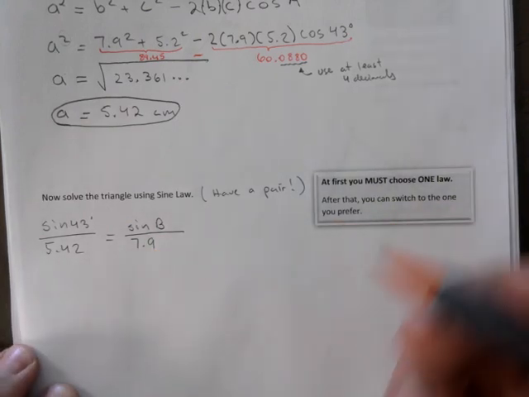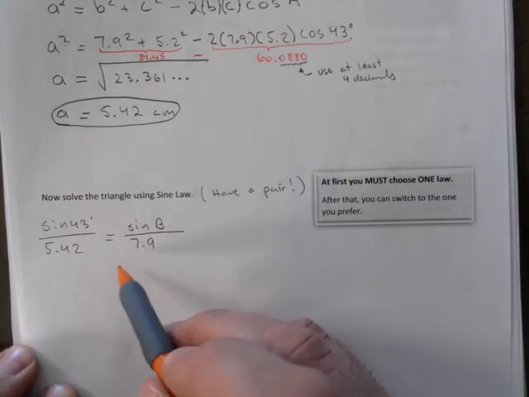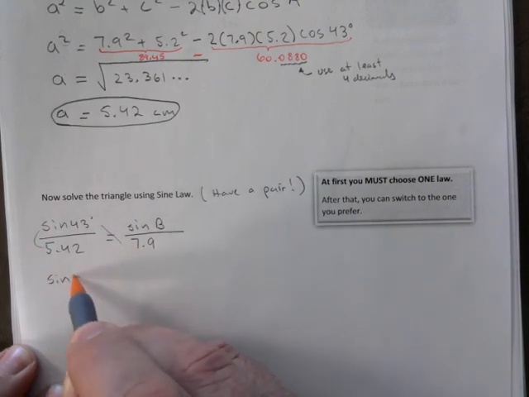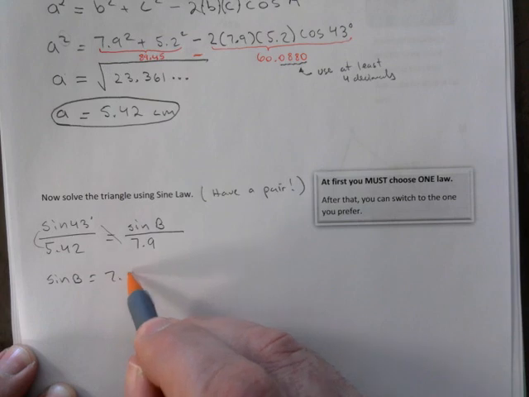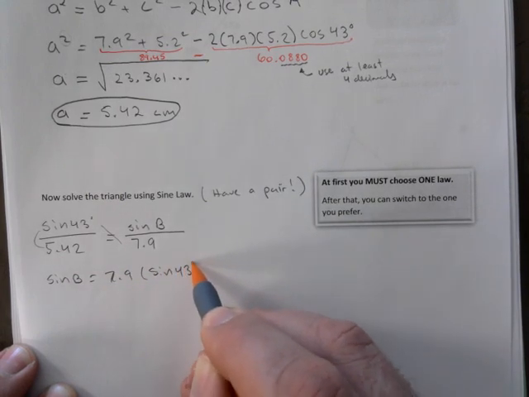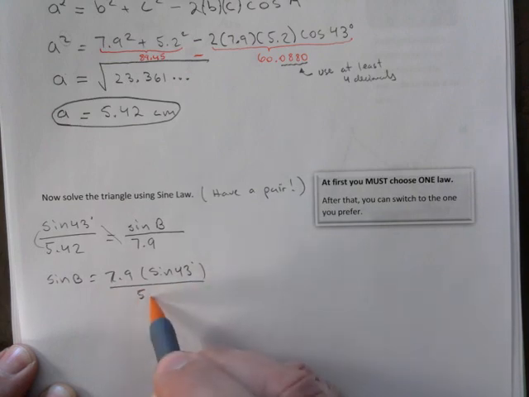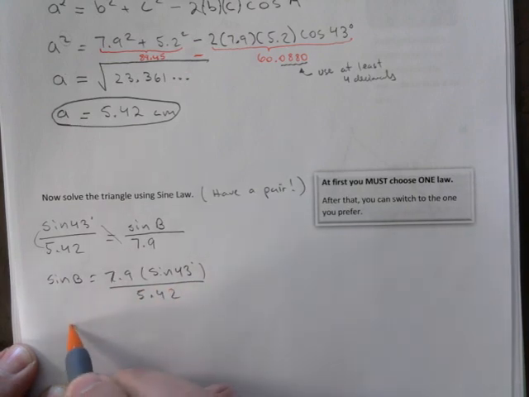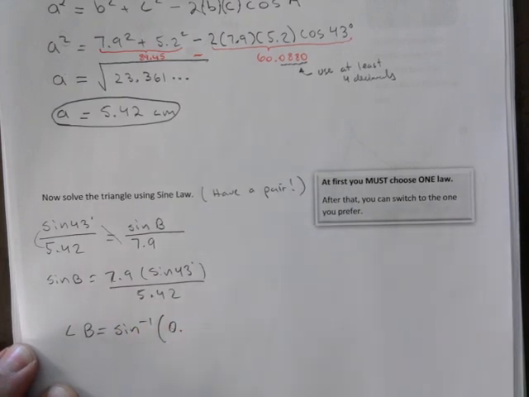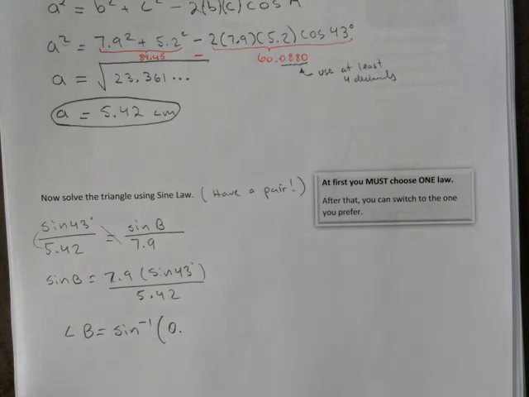So it should be bigger. So here we go. Cross, multiply, divide. We're reviewing sine law, guys. Sine of 43 over 5.42. And then you got to go angle B is going to be sine inverse of something that better starts with a 0.